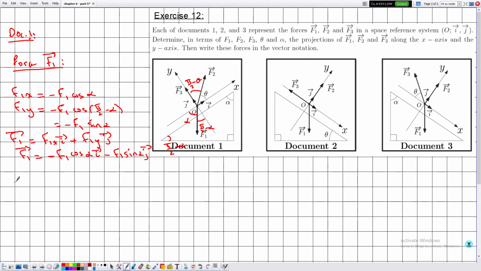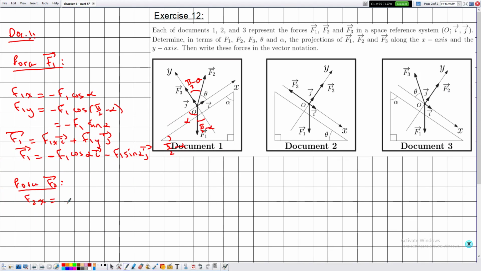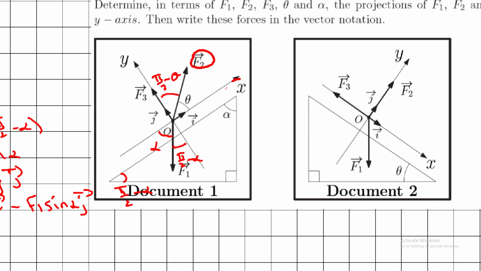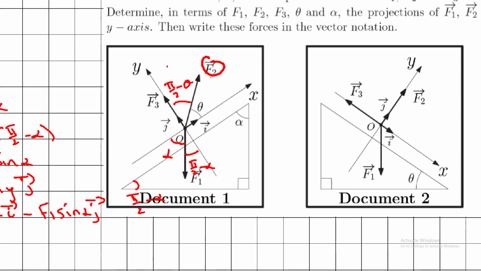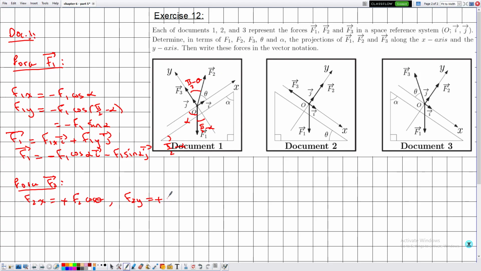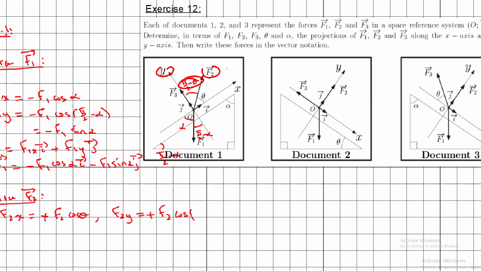Now as for the force F2, notice that F2 is pointing in the positive direction of the x-axis, so it's plus F2 multiplied by the cosine of the angle between F2 and the x-axis, which is theta. Now as for F2y, notice that F2 is pointing in the positive direction of the y-axis, so it's plus F2 multiplied by the cosine of the angle between F2 and the y-axis, which is pi by 2 minus theta.